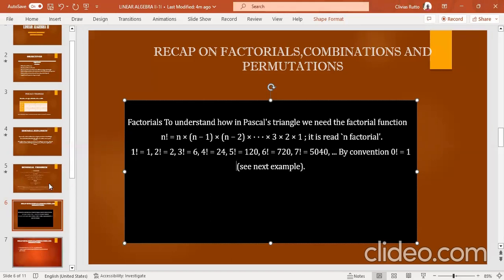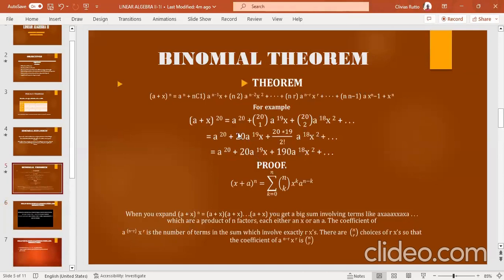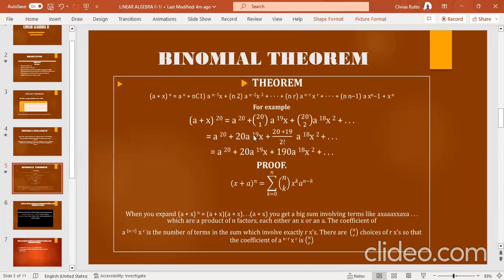So, from the theorem, we'll have 20 factorial all over 1 factorial times 20 minus 1, which is 19 factorial. 19 factorial will be 1 times 2 times 3, all the way to 19, so from the 20 factorial on top, 1 to 19 cancels and 20 will remain.